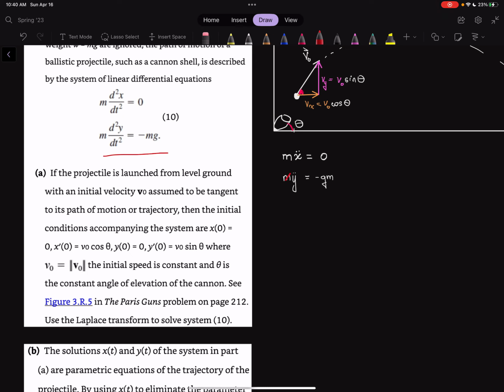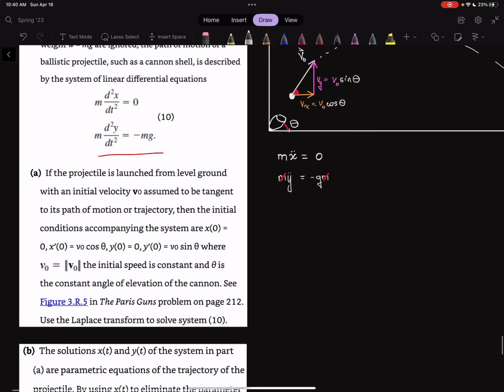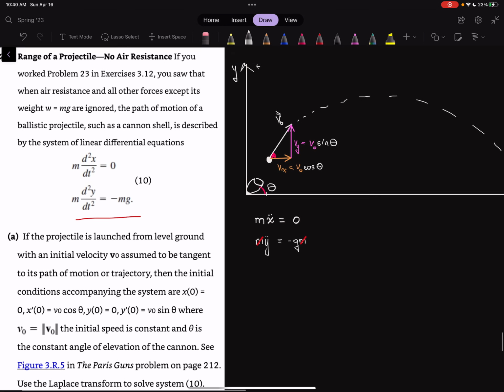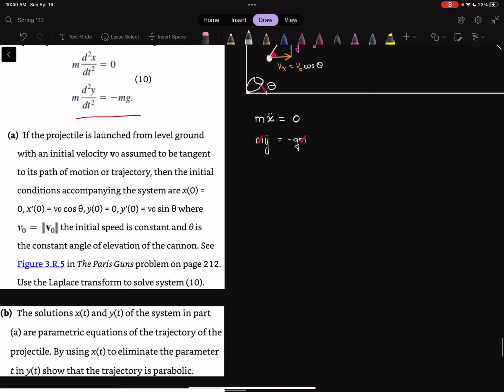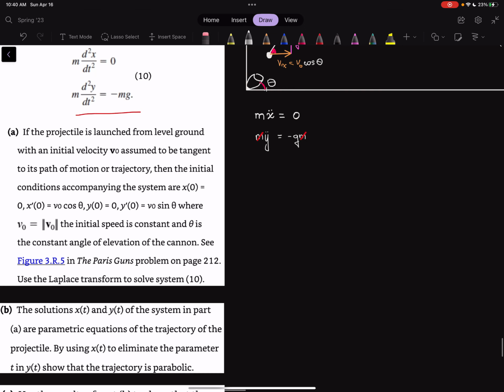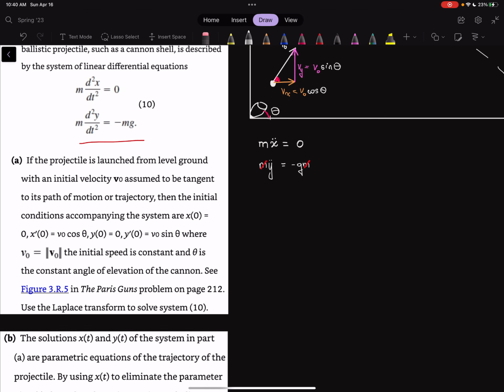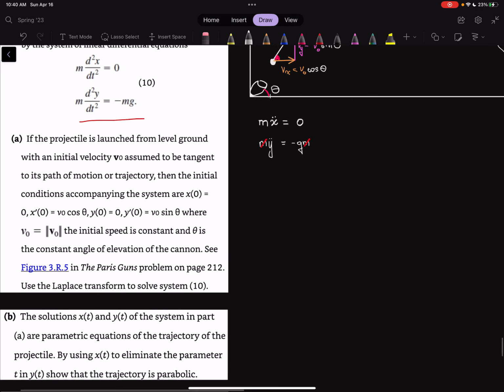So the m here can even cancel. And all we have to realize is that we're not modeling air resistance, so we're assuming there's no air resistance.